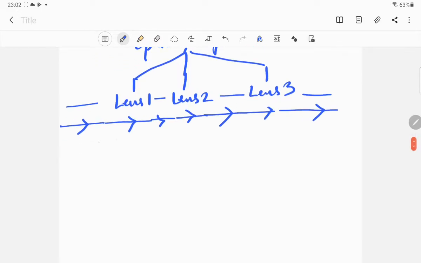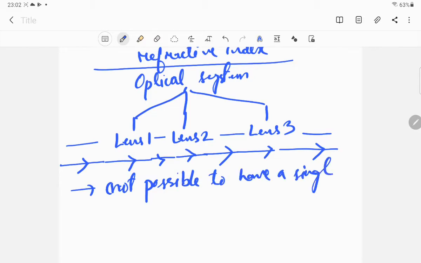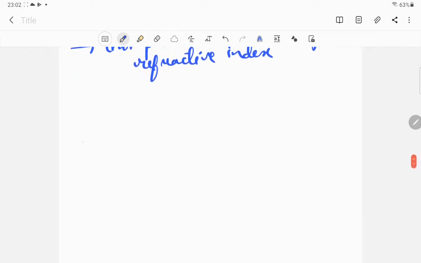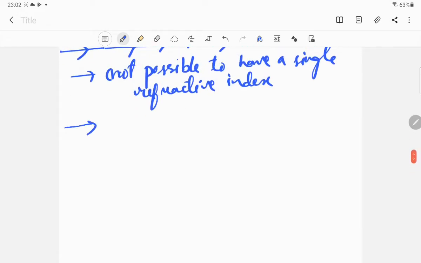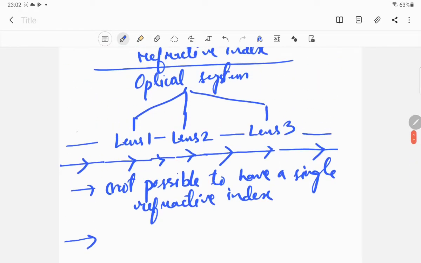So it is not possible to have a single refractive index. Here in this case we will consider that the refractive index is position dependent. Obviously if it is here, the refractive index is different. If it is here, it is different, and here also different.